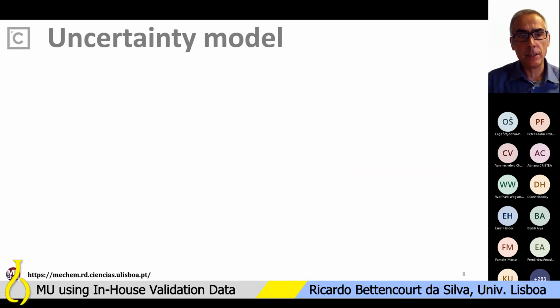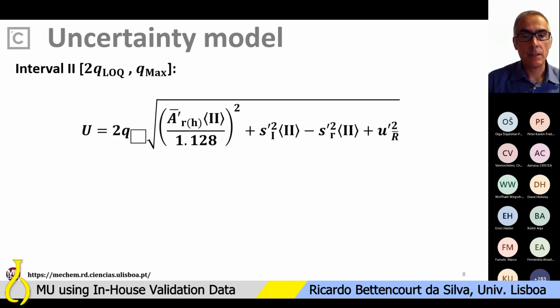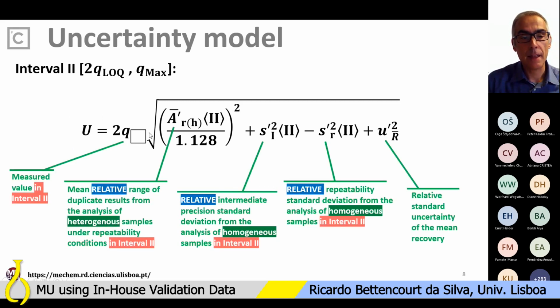For interval 2, above 2 times the limit of quantification and until the maximum concentration of the analytical interval, the equation used to calculate the uncertainty is this one. We have the expanded uncertainty for 95% confidence level, again coverage factor of 2, the measured value, corrected or original, and then the uncertainty components that are combined in a relative way.